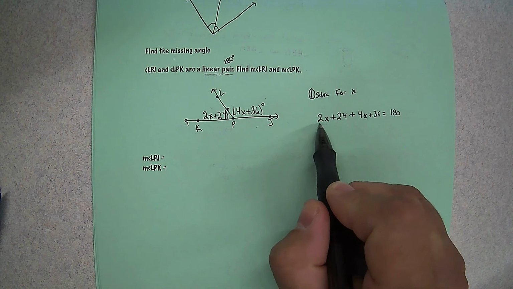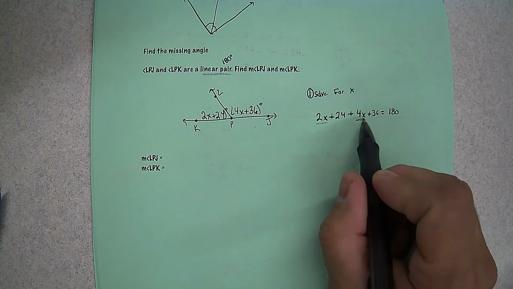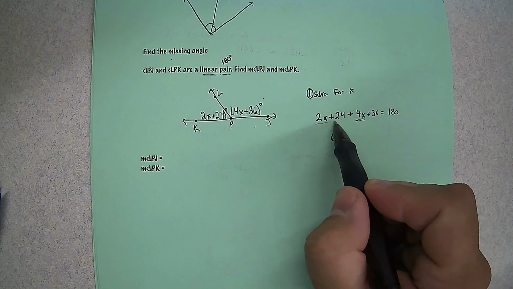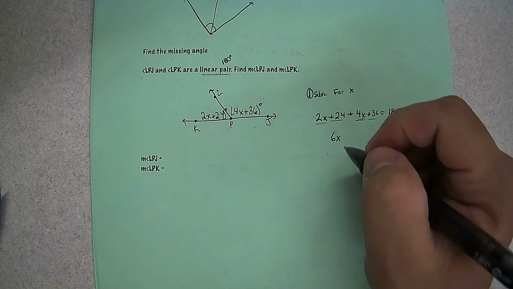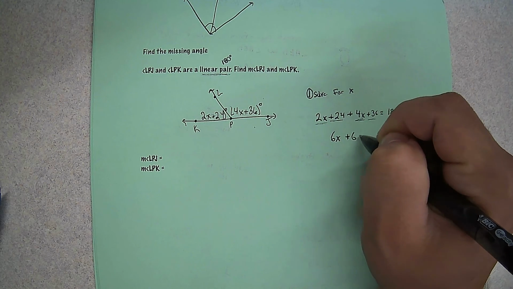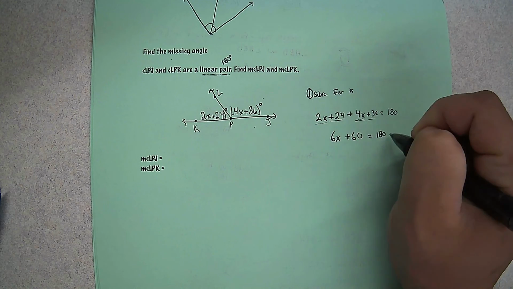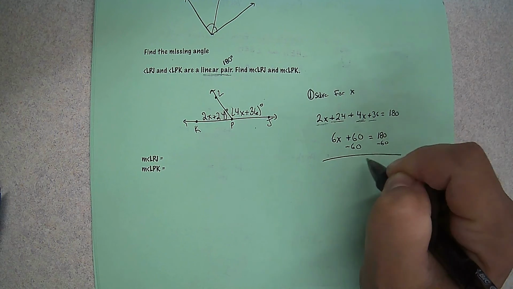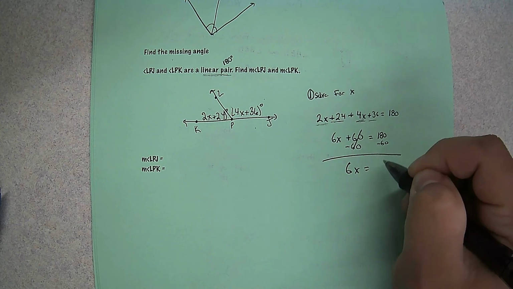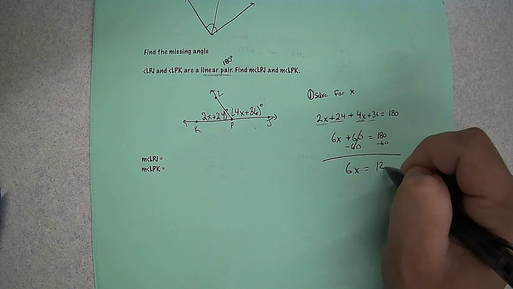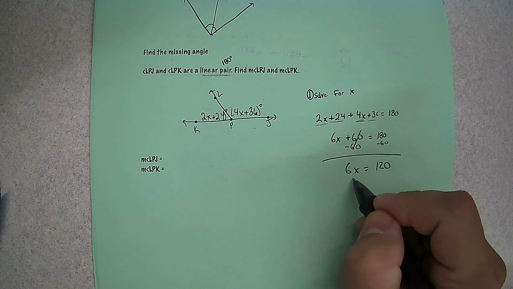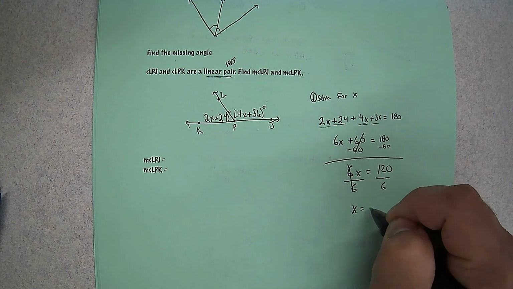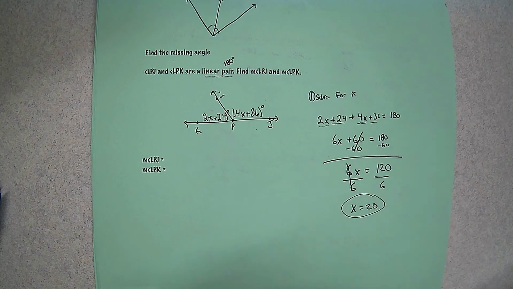First thing that we're going to do is combine our like terms. We have 2x plus 4x, so that's 6x. And we have 24 plus 36 is going to be a plus 60. Subtract 60 from both sides. Those cancel out. 6x equals 120. Divide both sides by 6. 120 divided by 6 is going to be 20.